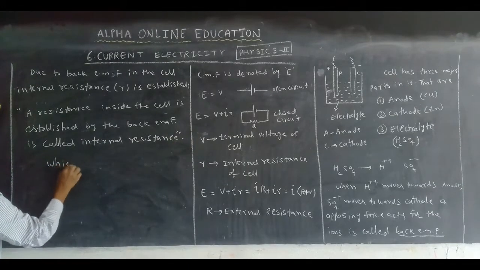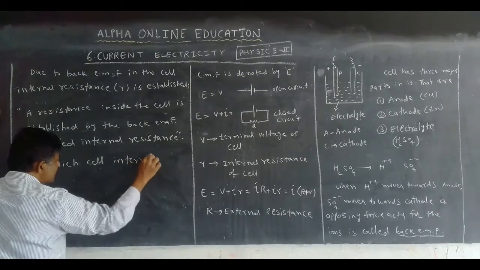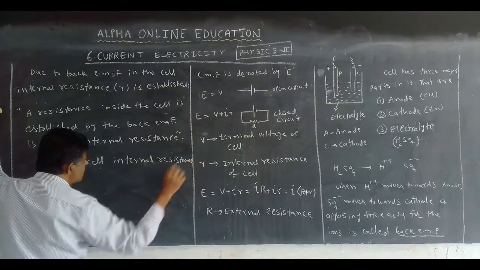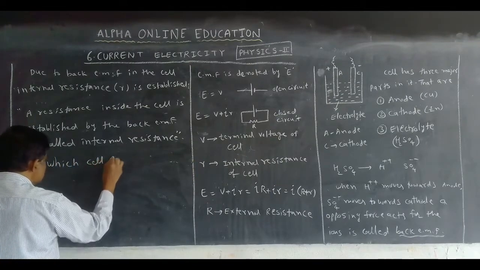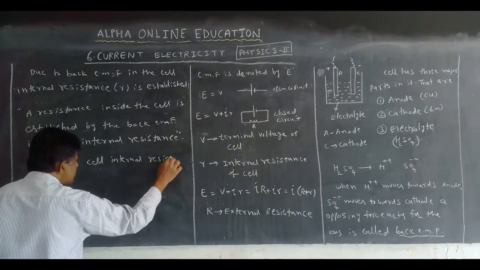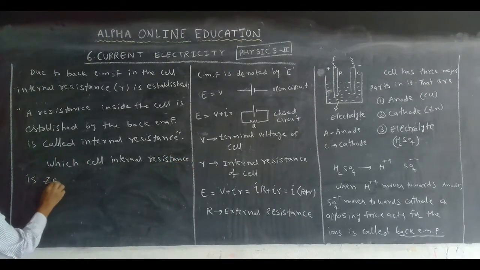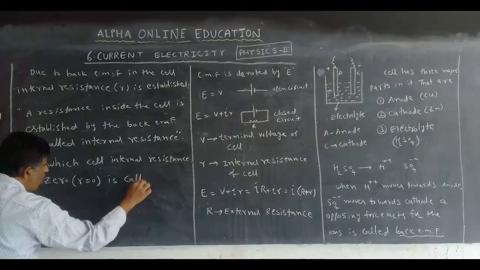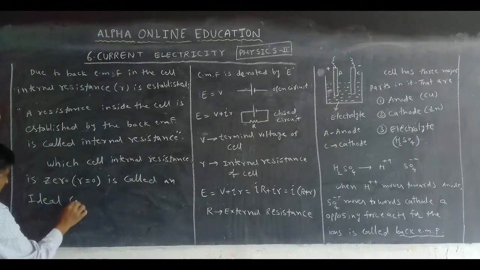Which cell's internal resistance is zero is called an ideal cell.